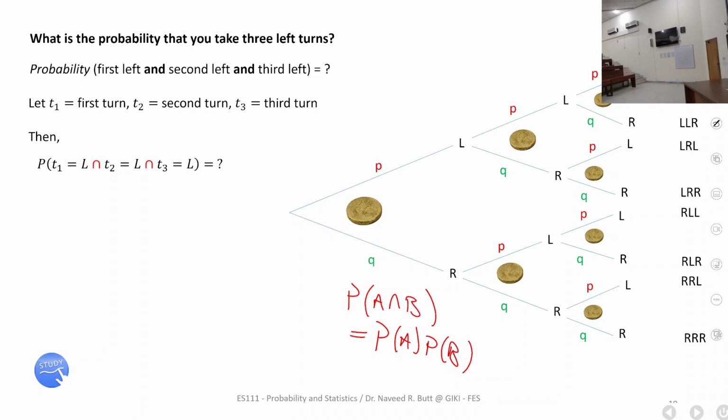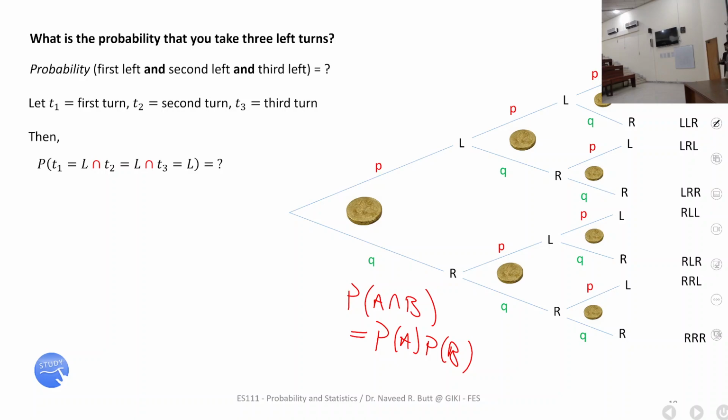Same goes for 3: probability A and B and C is probability A times probability B times probability C. If they are not independent, there is no way you can do this. This only works if they are independent. By my setup of the Bernoulli experiments, they always assume independence between trials. So these three are independent.